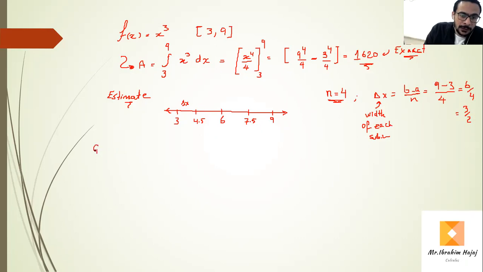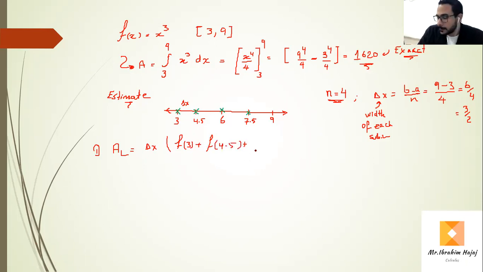Now let's calculate the estimated area using the left endpoints rule: delta x multiplied by f of 3 plus f of 4.5 plus f of 6 plus f of 7.5, and then stop. Don't take 9.